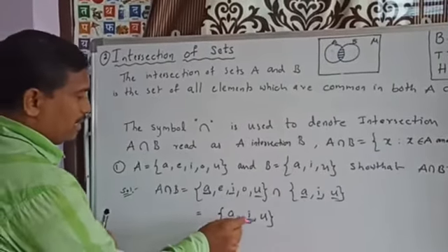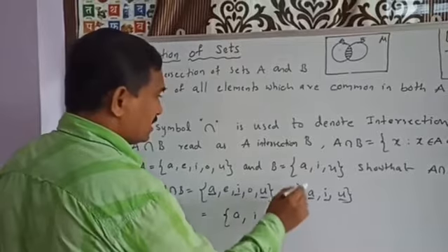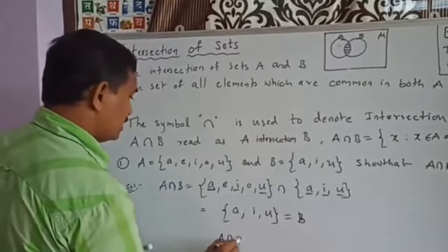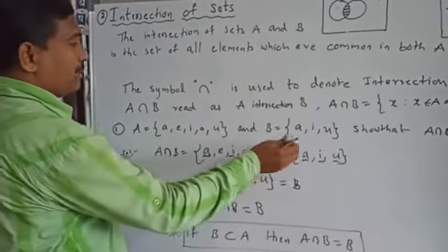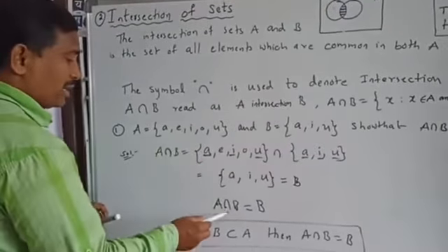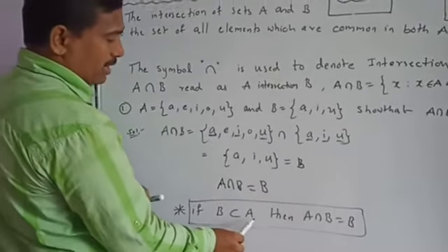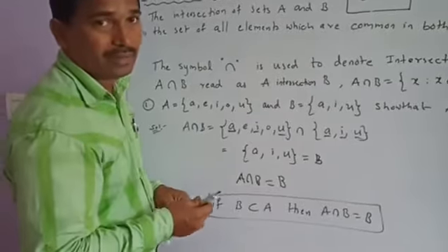That is {a, i, u}, which is B. So here we got A intersection B equals B. Since all the elements of B are in A, A intersection B equals B. If B is a subset of A, then A intersection B equals B.